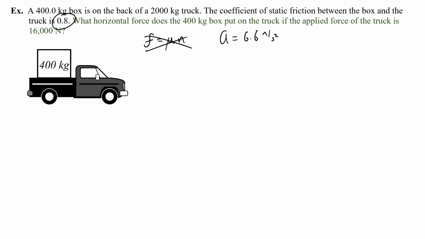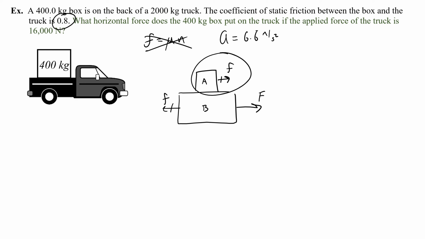Well, now if I think about both blocks, block on block, the force really is being applied to B, and there is a friction force acting back, which is the friction force that's causing A to accelerate forward. So now when I focus in on A, I know that friction is the net force on A, and I can set it equal to the mass of A times the acceleration.